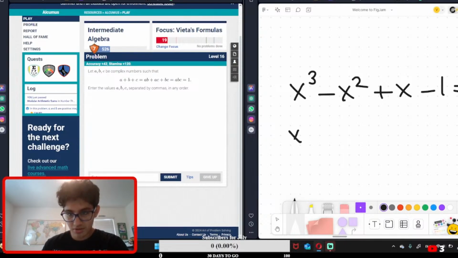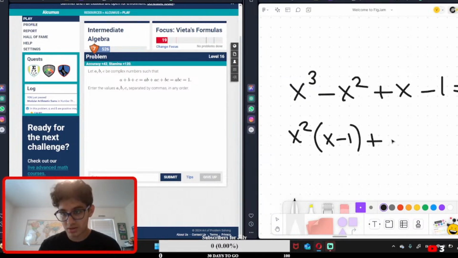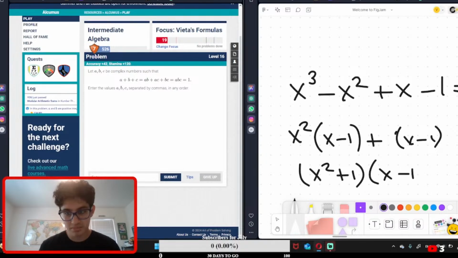And then obviously you can factor this to be x squared times x minus 1 plus, wait, this seems wrong to be honest, but no, this is correct. And then just plus x minus 1. So this becomes x squared plus 1 times x minus 1.